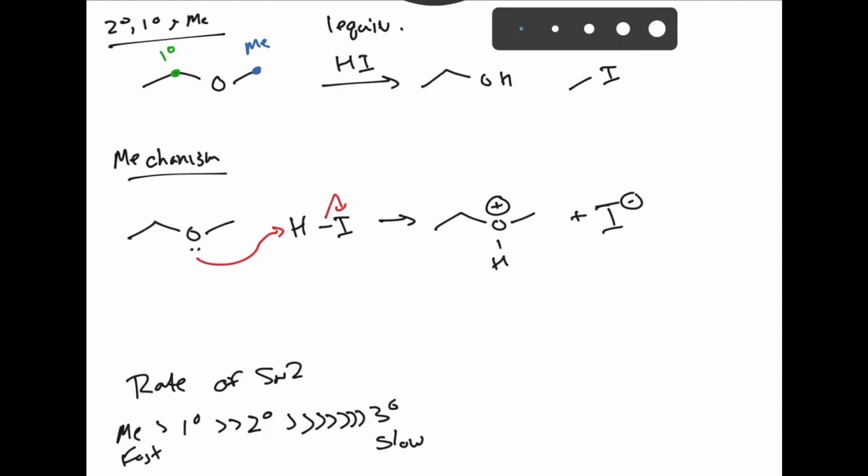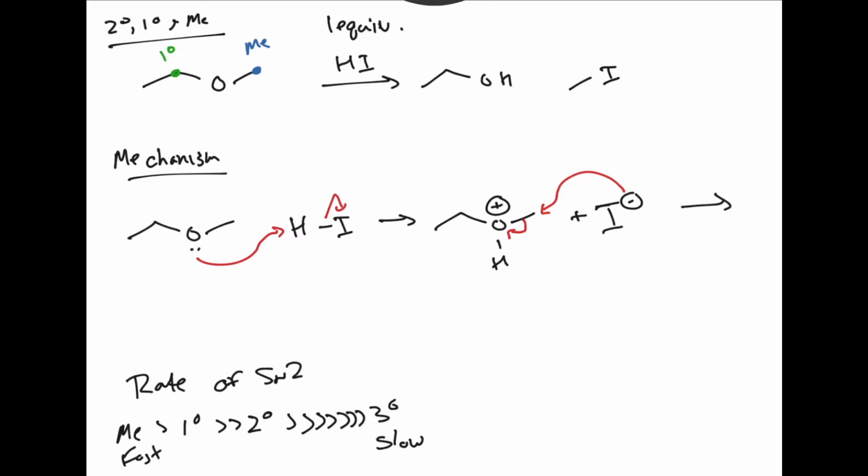So it's going to add to this side first and break that carbon-oxygen bond. Right, so it's just a question of rate. Which one am I going to add to first?